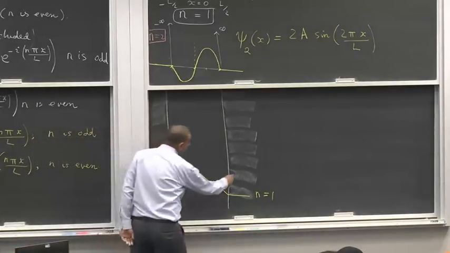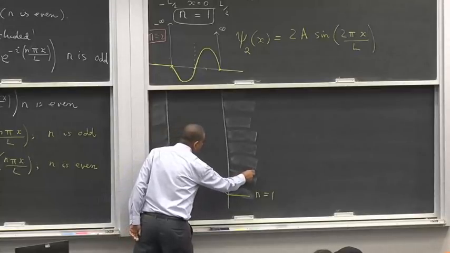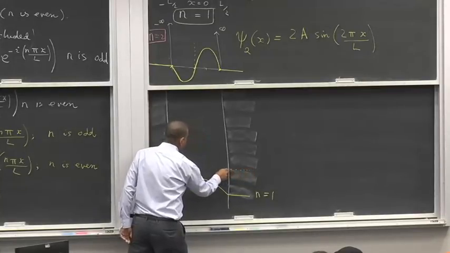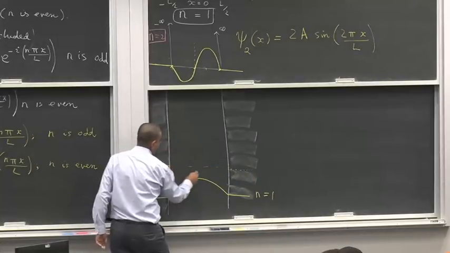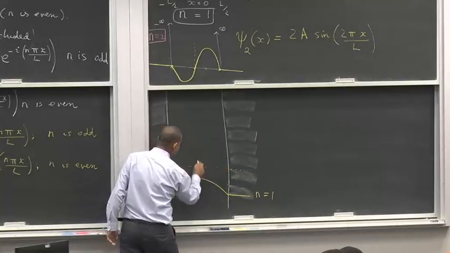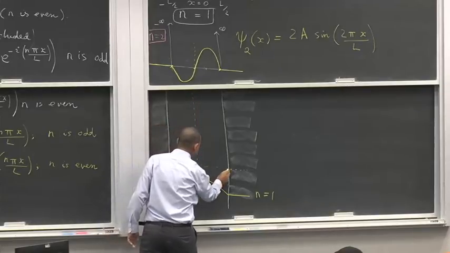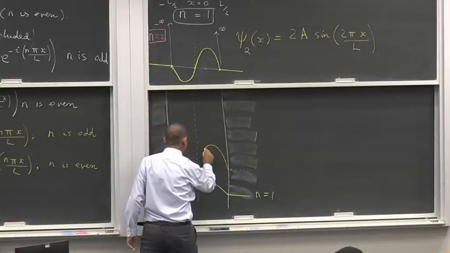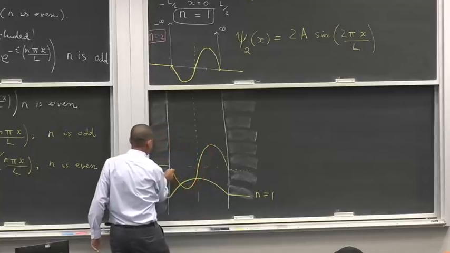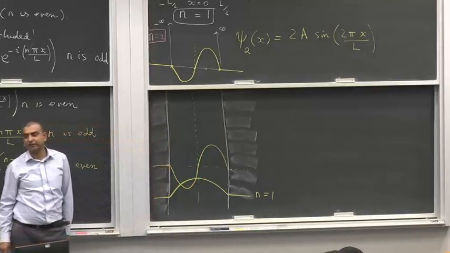For n equals 2, the wave function looks like this.